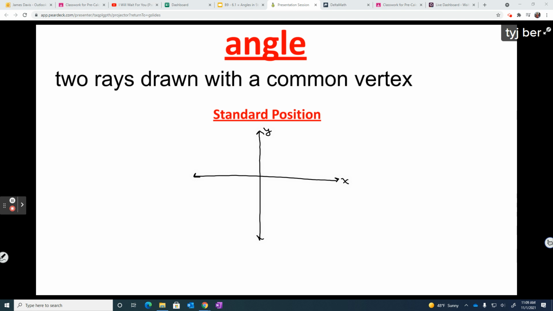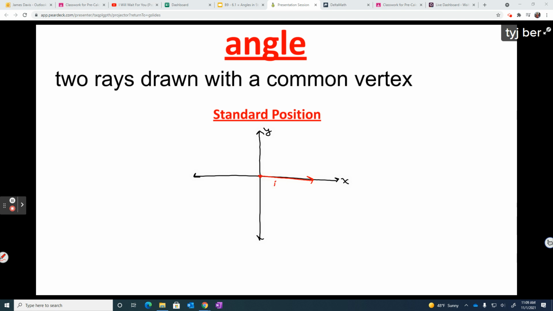An angle is drawn in standard position, which is what we're going to see for all of our angles today. It's going to look kind of like this. The vertex is going to be the center of the coordinate plane, and one side is going to be on the x-axis like this. We actually don't really draw it much in practice because it's on the axis. We just use the axis as the side.